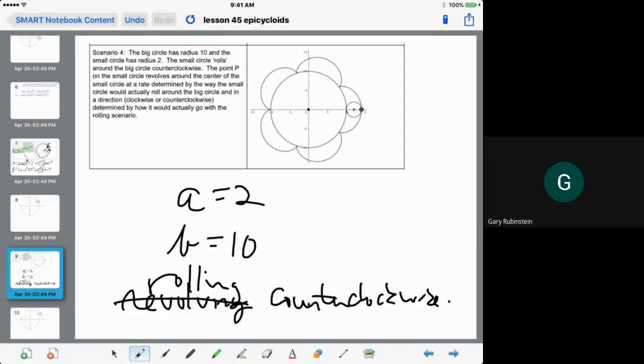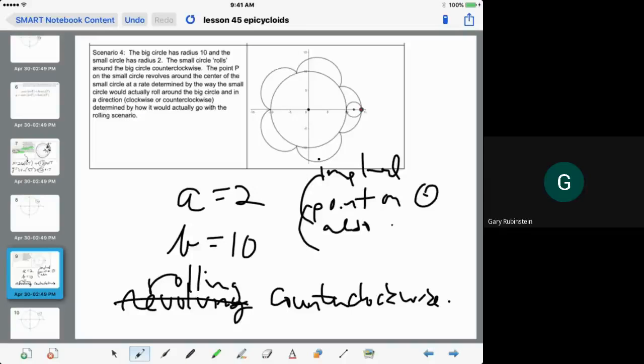It can't choose. It's predetermined now. And the answer, yes, it must also be counterclockwise. So it's implied that the point on the circle is also counterclockwise.